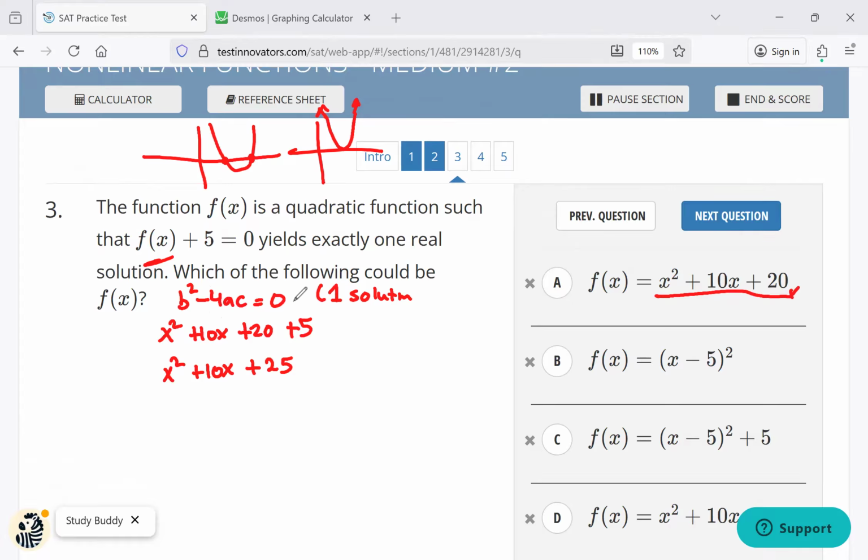If it gives you a 0, that means you have one real solution. Let's do that real quick. My a is 1, my b is 10, and my c is 25, right? So b squared is 10 squared, minus 4 times a, which is 1, times c, which is 25. So 10 squared is 100. Negative 4 times 1 times 25.